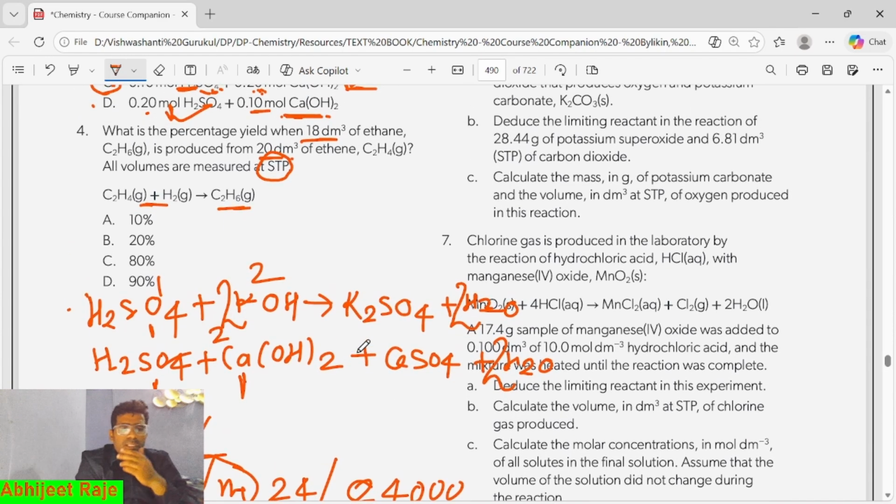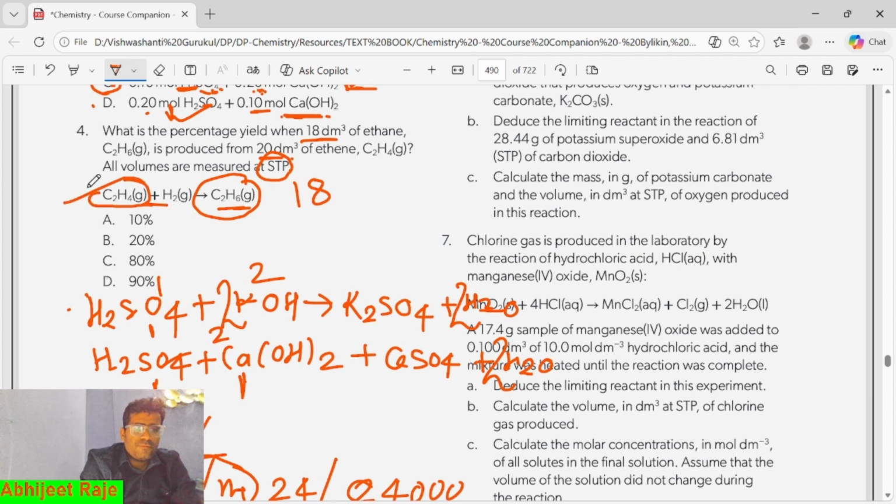This is the fixed, since they have given dm cube. Now if you look at the equation, they have given what is the percentage yield when 18 dm cube of ethane is produced. So what is produced? This is produced 18 dm cube, right? 18 dm cube is produced from 20 dm cube of ethene. Now if you have done the organic chemistry, looking at the formula, you can understand this is your ethene, which is 20 dm cube, and from 20 dm cube 18 dm cube is produced.